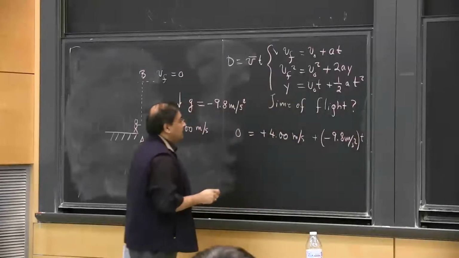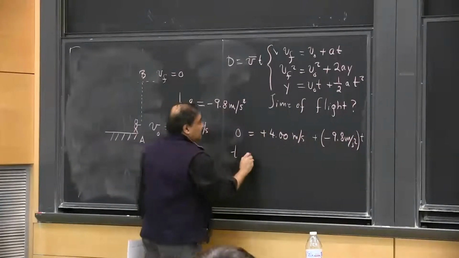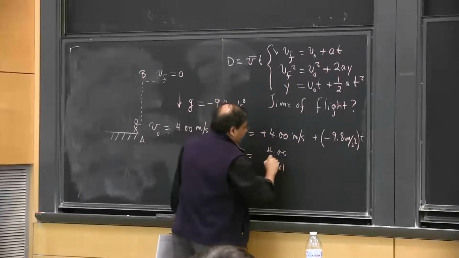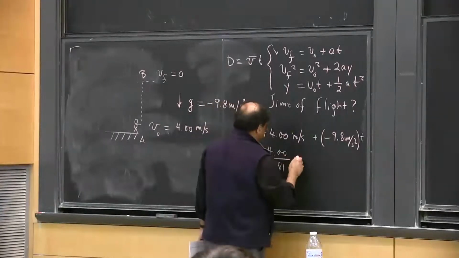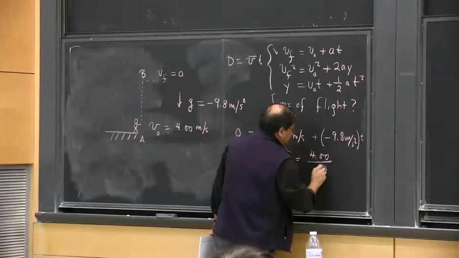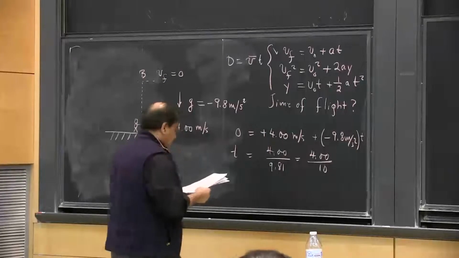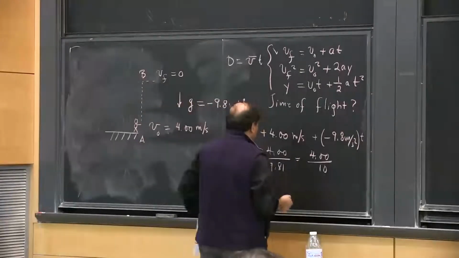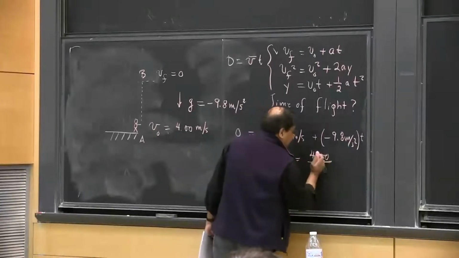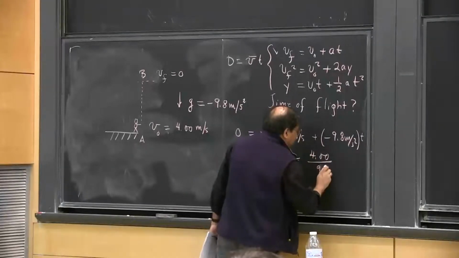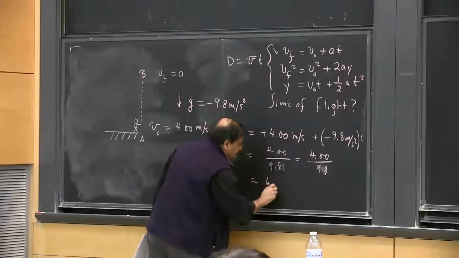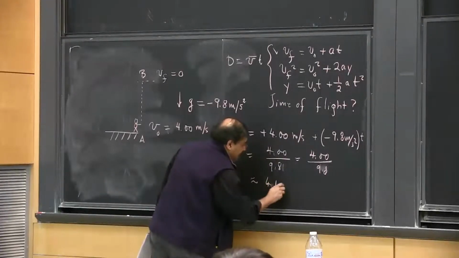So it's quite easy to see that this t is going to be 4 divided by 9.8. I'm going to make it into 4 divided by 10. You can make it 9.8 if you want. It doesn't really bother me if you do that. And then your time here will come out to approximately 0.4 seconds.